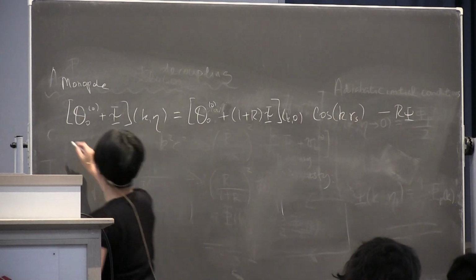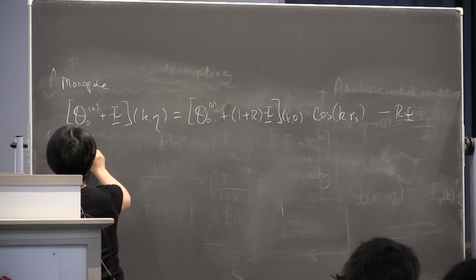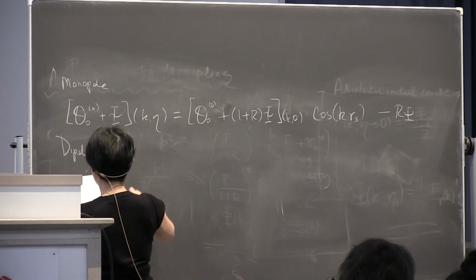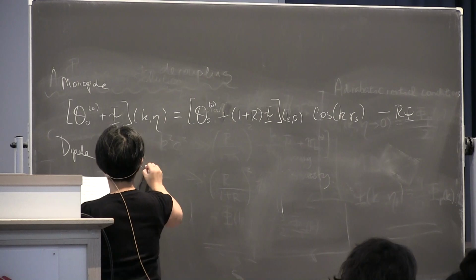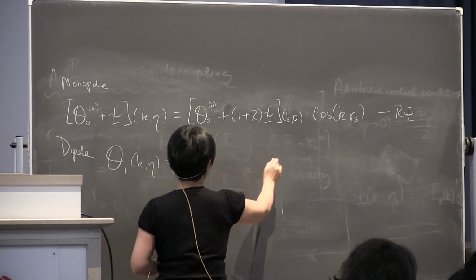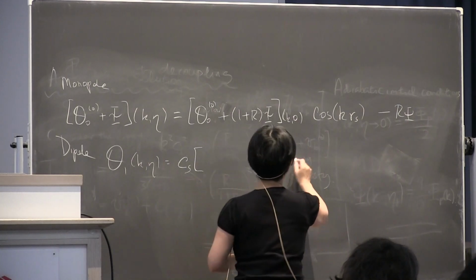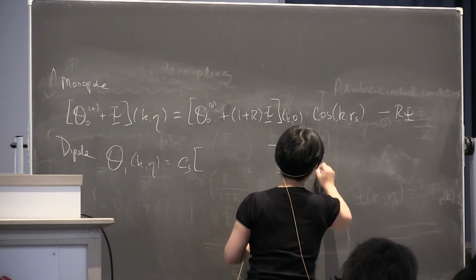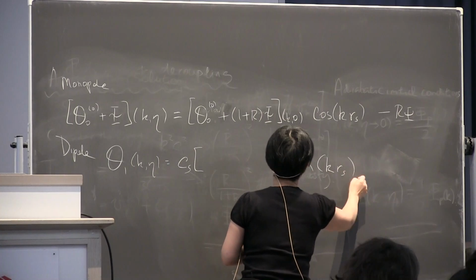That's for the monopole, and for the dipole, we have the other one. We have theta 1 k eta is equal to the sound speed, and then again the same coefficient, but you excite here the sine mode instead. Okay.